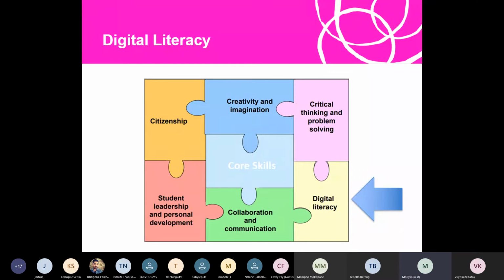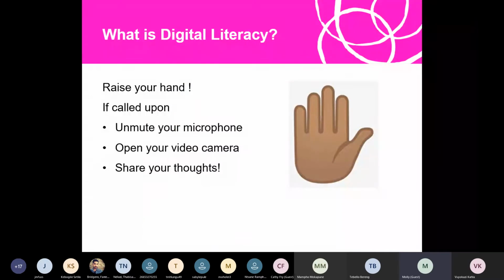So we're going to go to the next one: what do you think is digital literacy? What is digital literacy? That is my question. What is your understanding of digital literacy? We talk about financial literacy, we talk about health literacy, we talk about a lot of literacies, we talk about visual literacy.